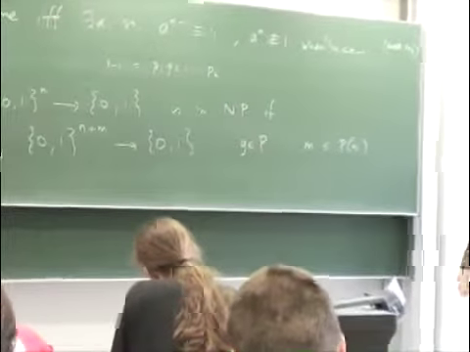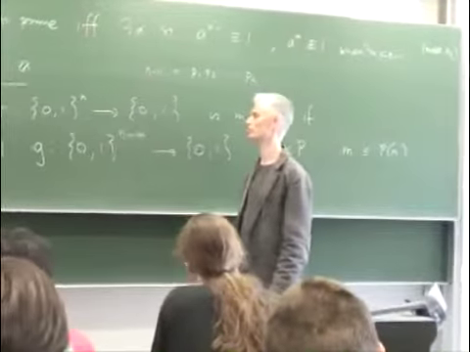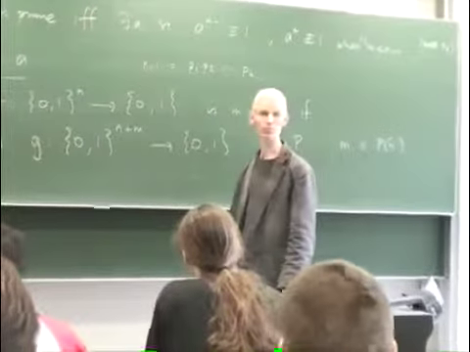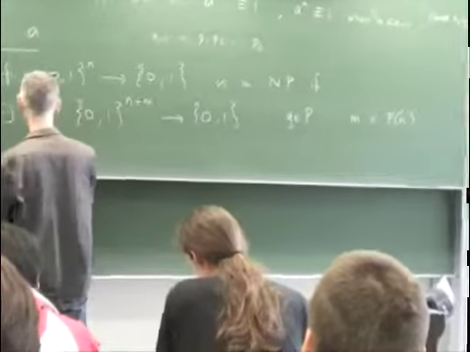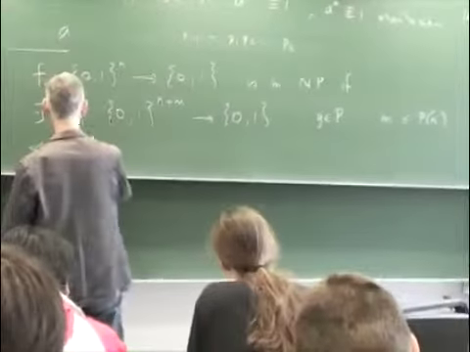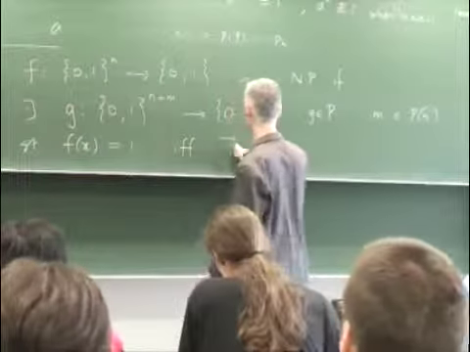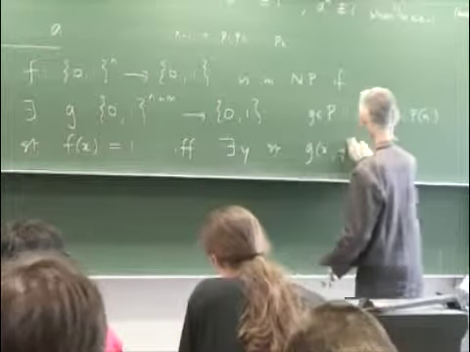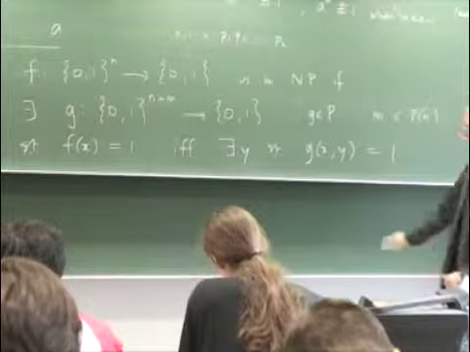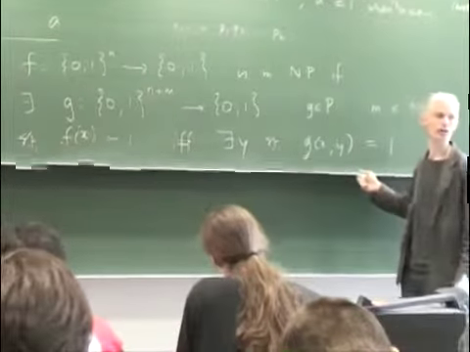So m is not too much bigger than n, and g is a polynomial time computable function from 0,1 to the n plus m, with the property that f(x) equals 1 if and only if there exists a y such that g(x,y) equals 1. So here x belongs to 0,1 to the n, and y belongs to 0,1 to the m.